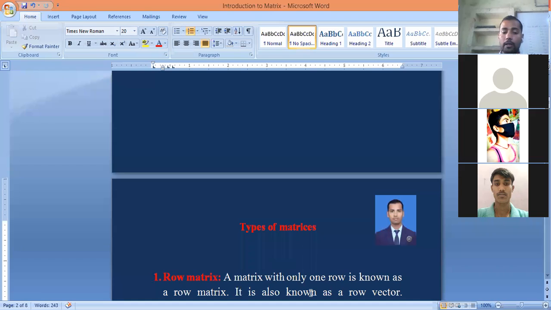It is also known as a row vector, which we will learn about in vectors.